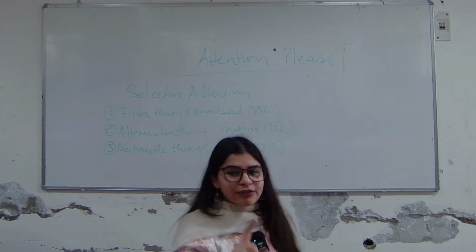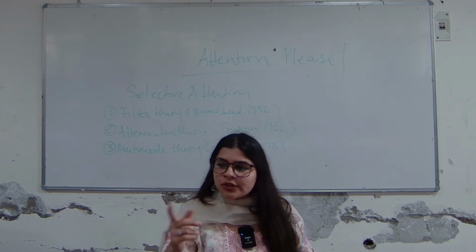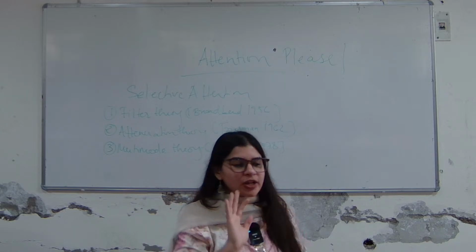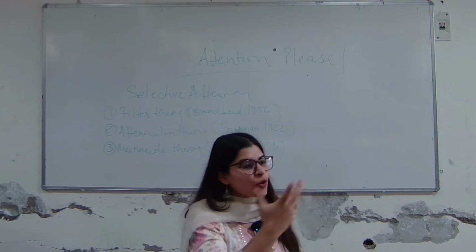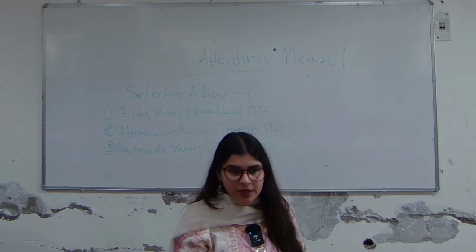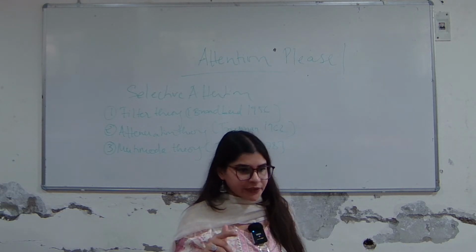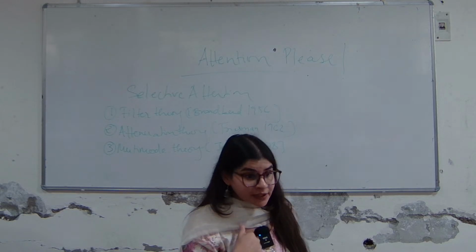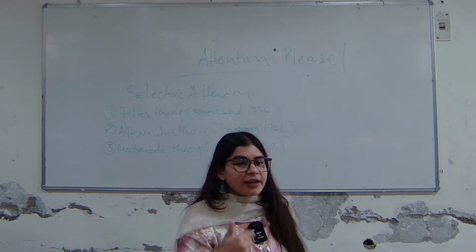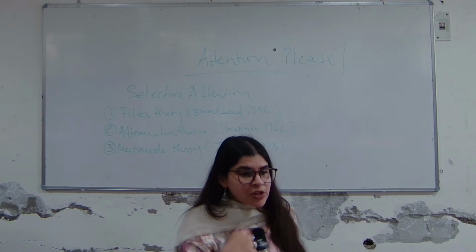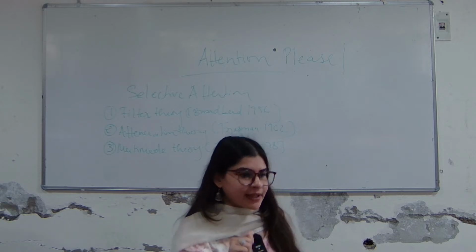Now, if I'm not hungry, then that will not happen. I might not even notice that somebody has opened the tiffin box. Why is it happening? Because of my internal factor. I am hungry internally, or I am thirsty. So that is catching my attention.